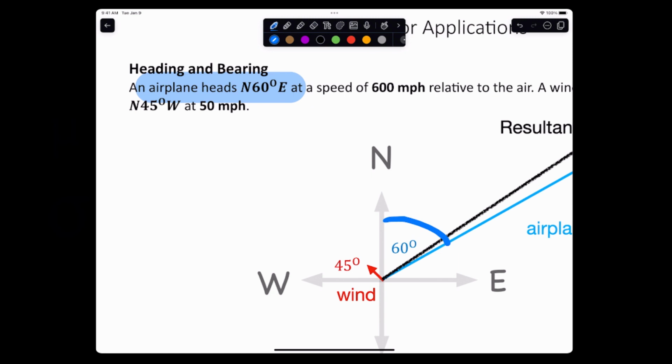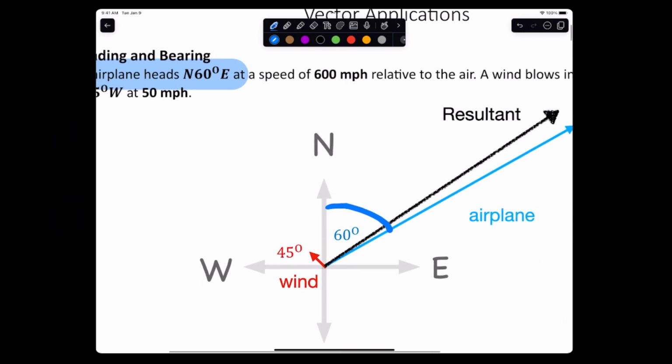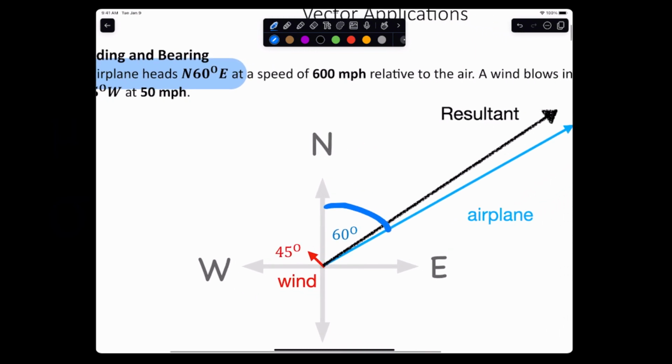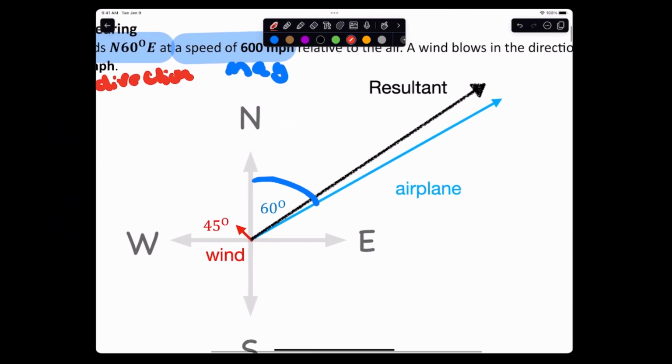And what's the speed? 600 miles per hour. So that's represented by a vector, because it has what? Magnitude and what? Direction. So the blue arrow is a vector.